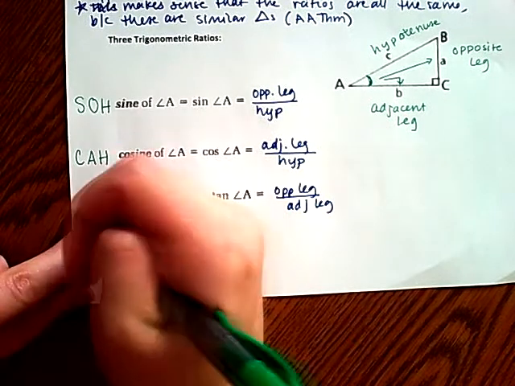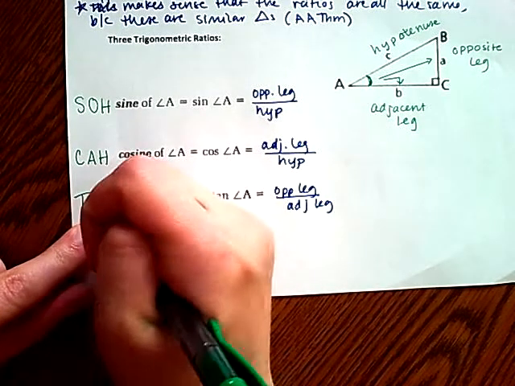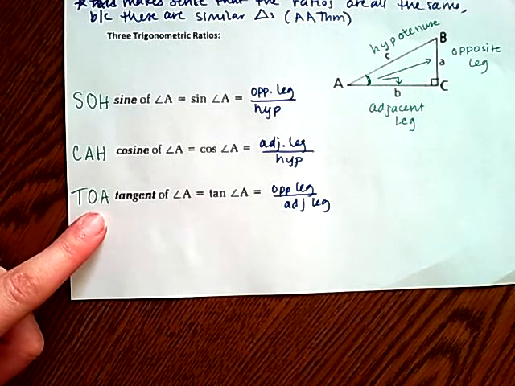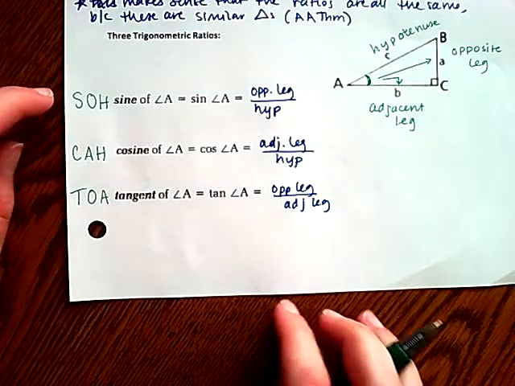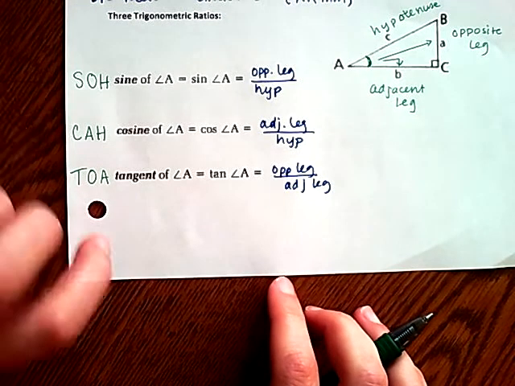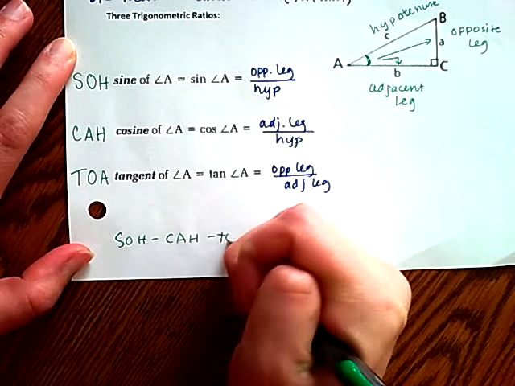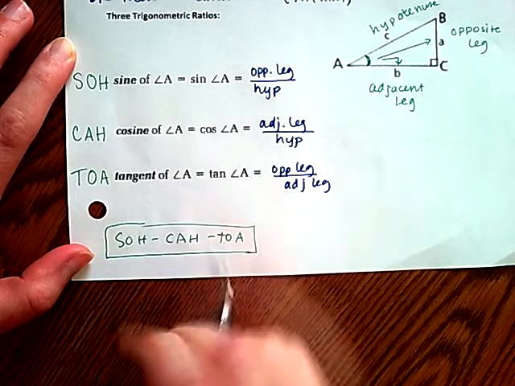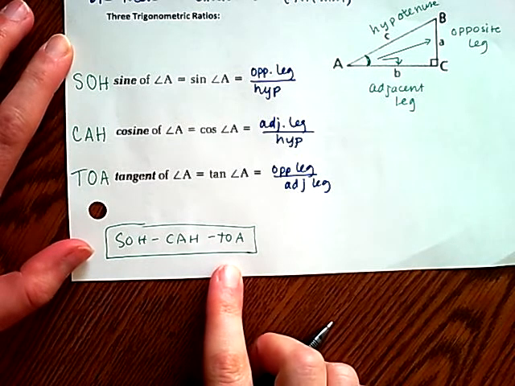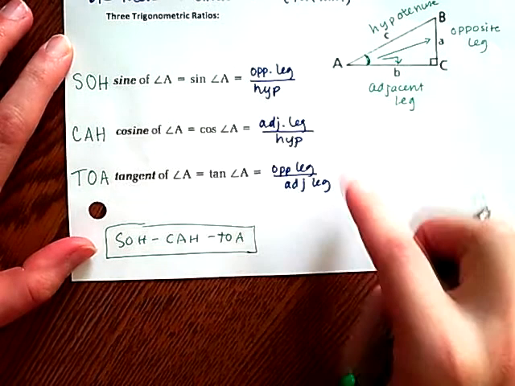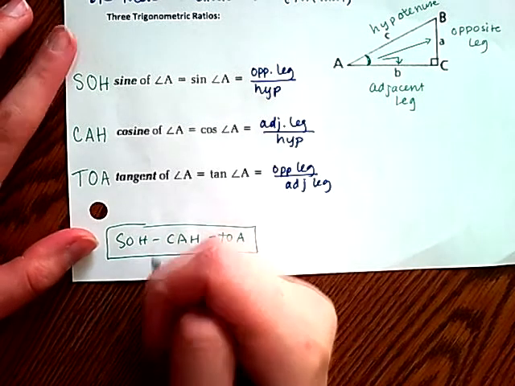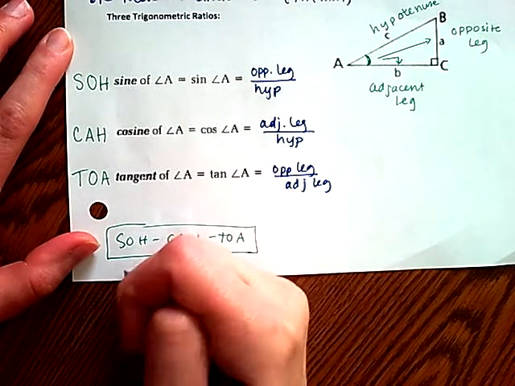And then tangent, T, is opposite over adjacent, so we call it TOA. You might have heard this before, but we would say SOHCAHTOA. And if you can remember SOHCAHTOA, then you can remember which trig ratio is which, okay? And this is something we're going to need to memorize.